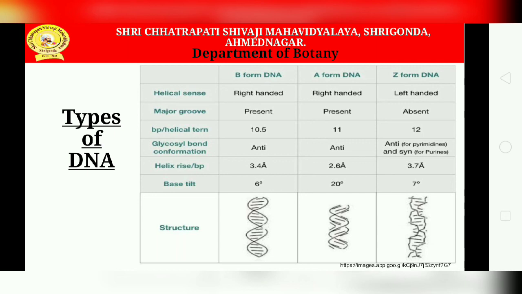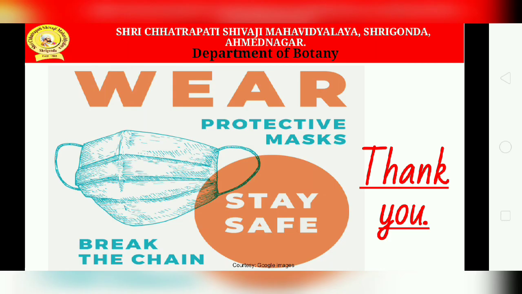For helix diameter, it is 20 angstrom in the B form, 23 angstrom in A, and 18 angstrom in the Z form. These are the types of DNA. In the picture you can see this. Thank you very much.